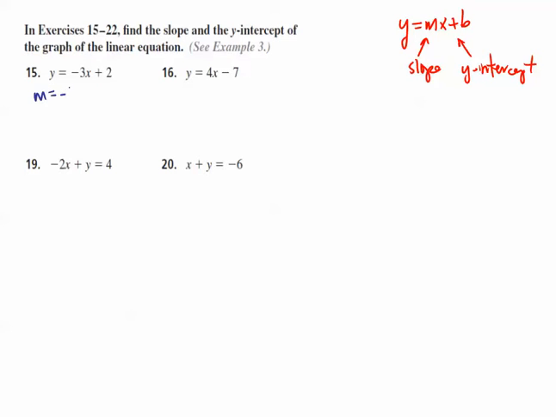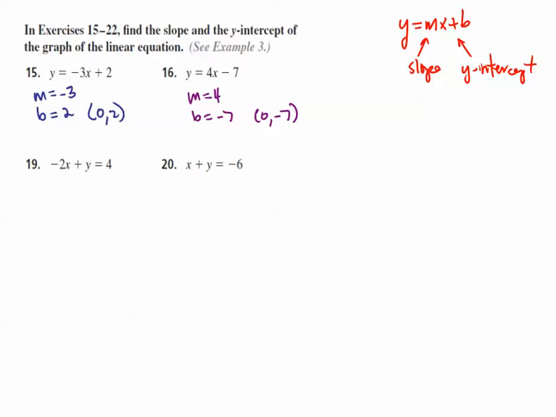So in the case of number 15, that would be 3. The y-intercept would be 2, or we can say that x is 0, y is 2. In number 16, slope is 4, y-intercept is -7, or we can say (0, -7).